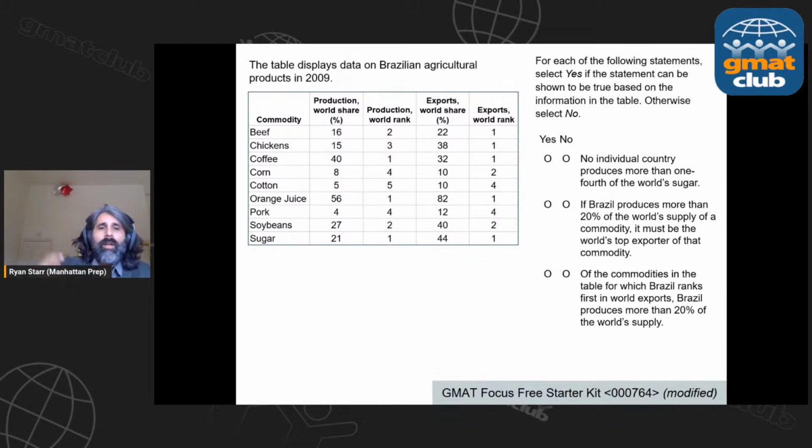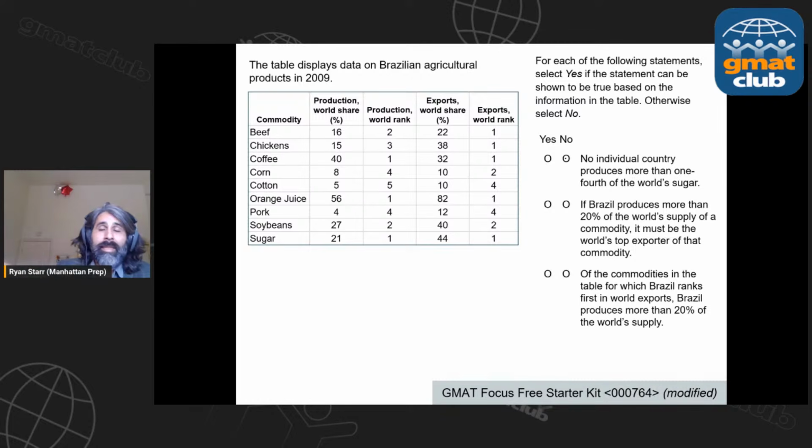Table questions are, in a sense, always like this. This is about an average size table. The information shown is fairly straightforward, but when I say that tables are basically like this, I mean they're going to give you a table, a little blurb here, and three statements that you have to decide are either yes or true, meaning they are true based on information in the table, or no or false, which they sometimes call it, which is basically doing double duty.